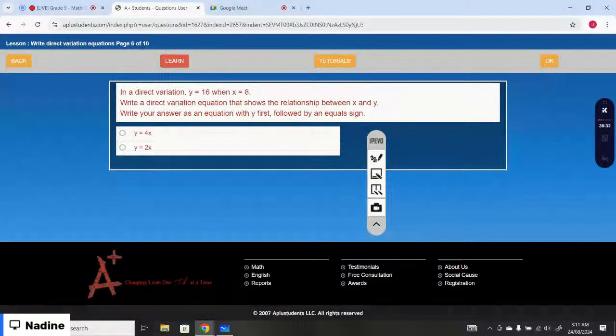In a direct variation, y equals 16 when x equals 8. Write a direct variation equation that shows the relationship between x and y. So write your answer as an equation with y first followed by the equal sign. So which is the correct option?